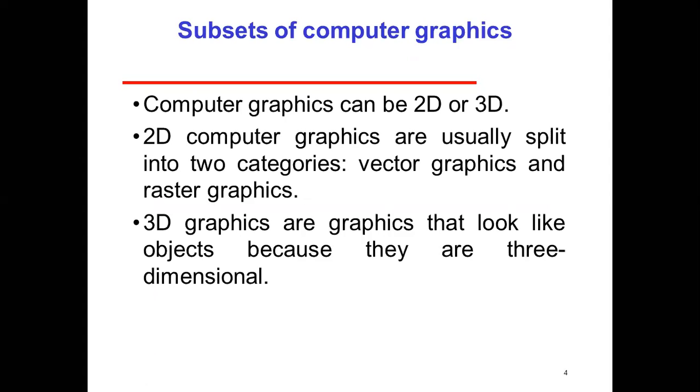Now, computer graphics can be 2D or 3D. First we will emphasize what 2D graphics is, and later on we can consider 3D graphics, and how we can implement various pictures or models using 2D or 3D graphics. Later on we will see that there is a big role of the matrix system.